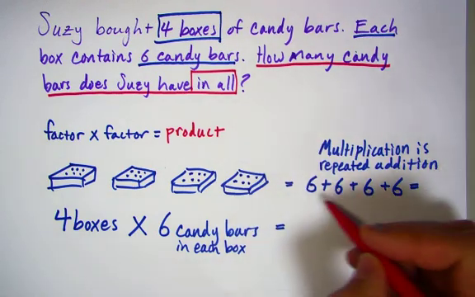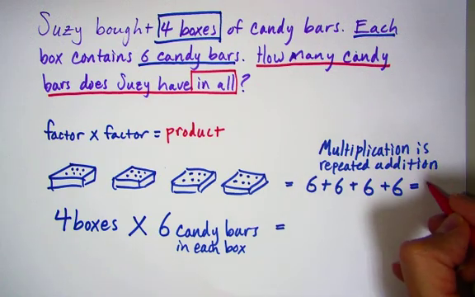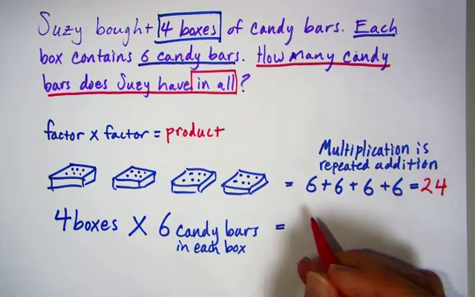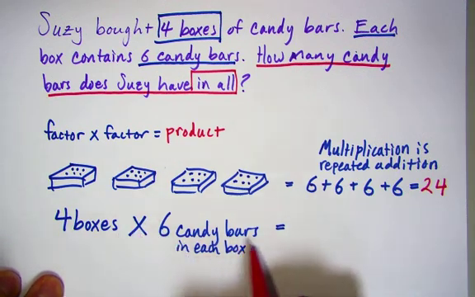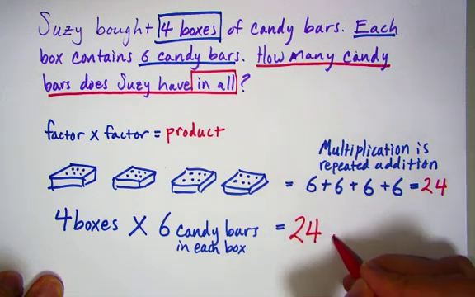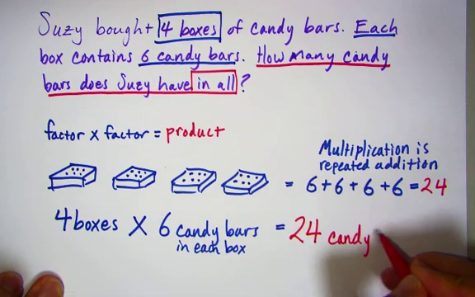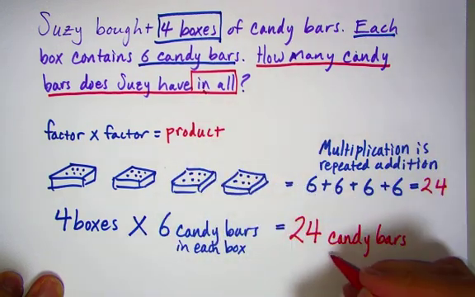So 6 plus 6 is 12, plus 6 plus 6, so 2 12s. That's going to give me 24. And guess what? 4 boxes of 6 candy bars in each box actually gives us 24 candy bars in all.